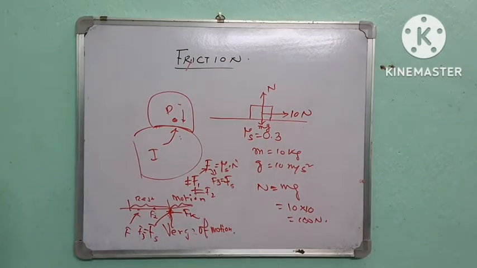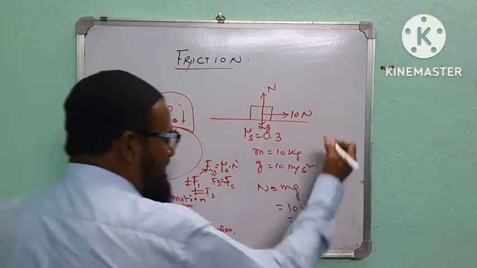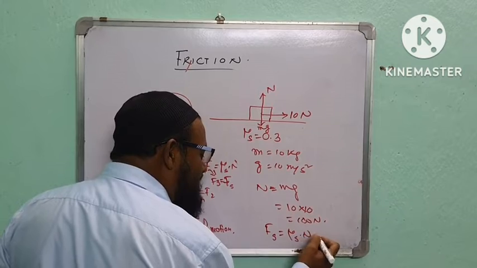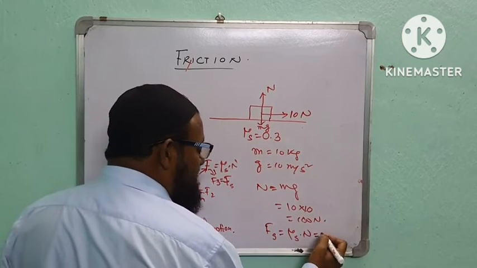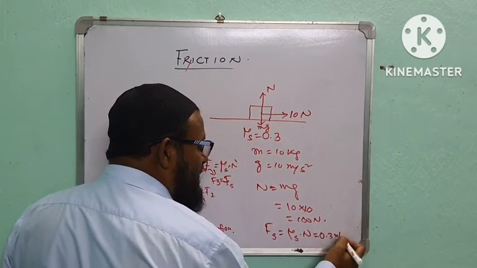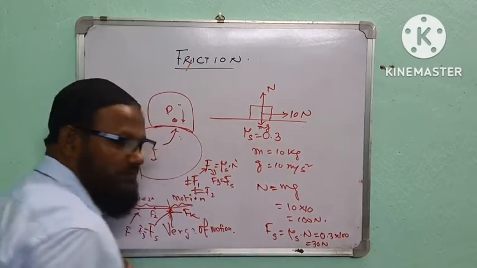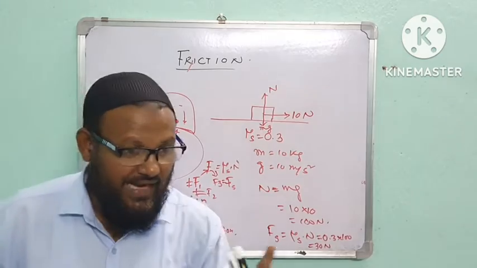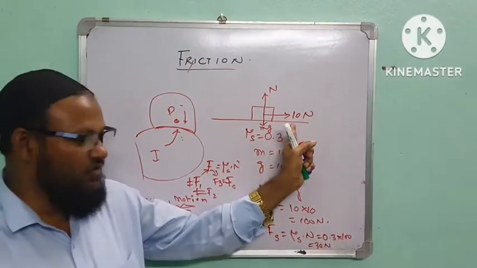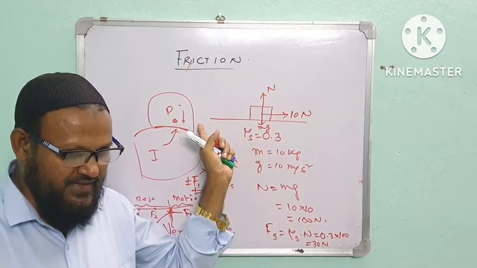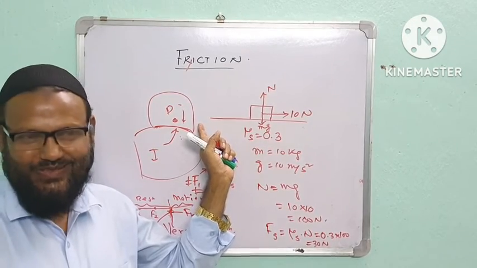What is the formula of Fs? Fs equal to mu s into N, mu s equal to 0.3 and N equal to 100, so this is 30 newton. How much did you apply? Wait, don't write. You applied 10 newton in this case. How much will work in this direction? No, 30 newton.